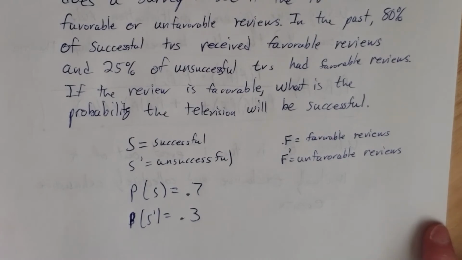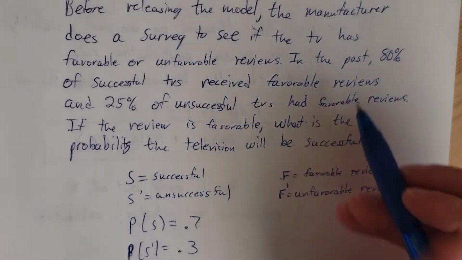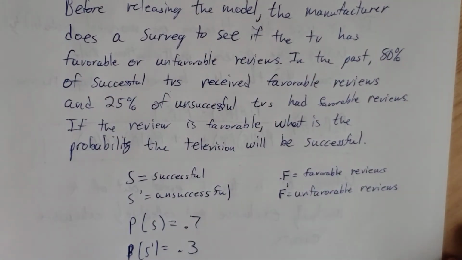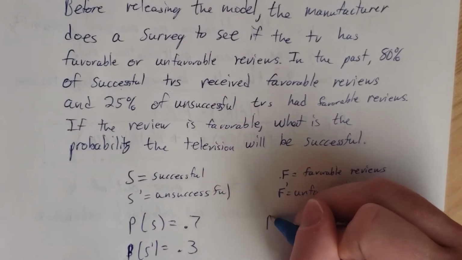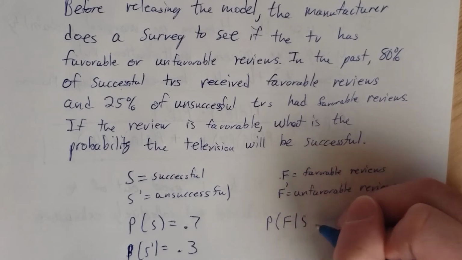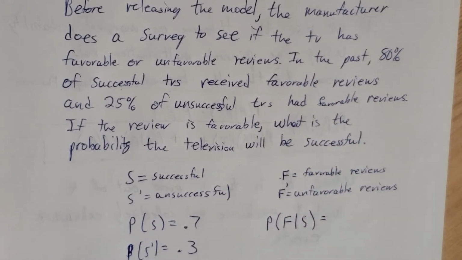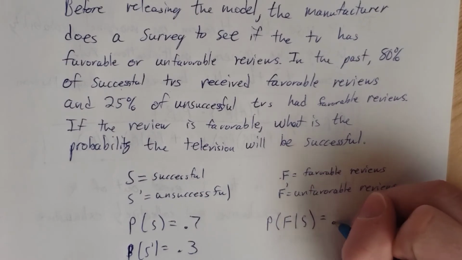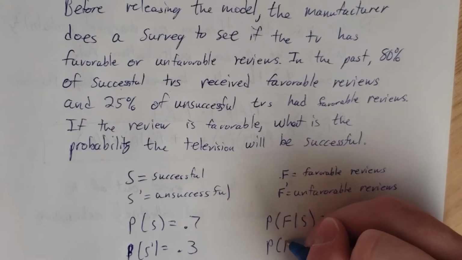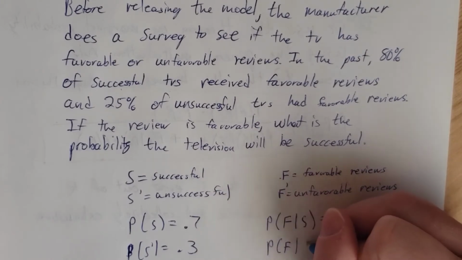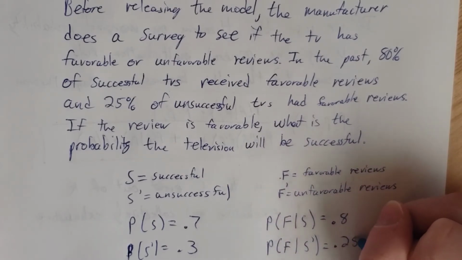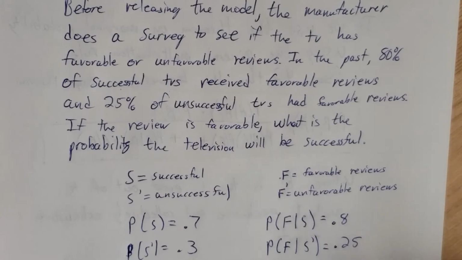We were also told that in the past, 80% of successful TVs received favorable reviews. So what is the probability of a favorable review given the TV ended up being successful? Well, that was 80%, or in other words, 0.8. And we were also told that the probability that it received a favorable review given that it ended up being unsuccessful was 0.25, or in other words, 25%.